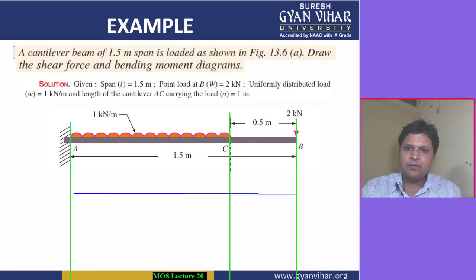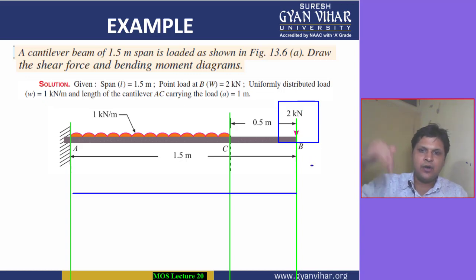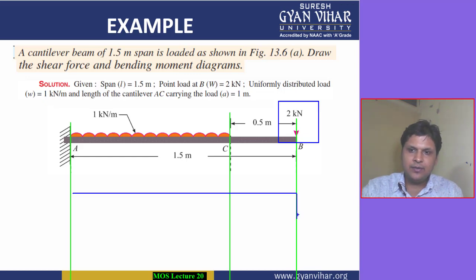Now the baseline we are going to draw. Let this be the baseline for shear force, and let's start drawing the shear force. Let's start from the right hand side. The first force given to you is 2 kilonewton, and since it is going downwards, we will draw a vertical line downwards. It will show the value of 2 kilonewton.